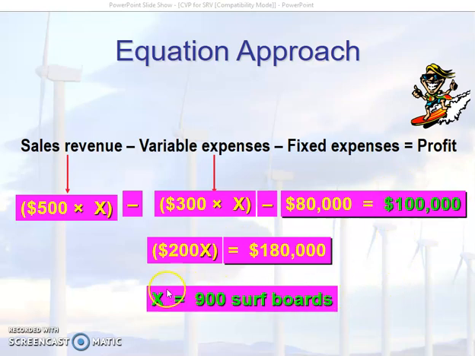Solving for X, we will come up with the exact same 900 surfboards as required before. Again, I do prefer the contribution margin approach, but most of what we do in accounting is extremely basic algebra, and so the equation approach may be better for you.